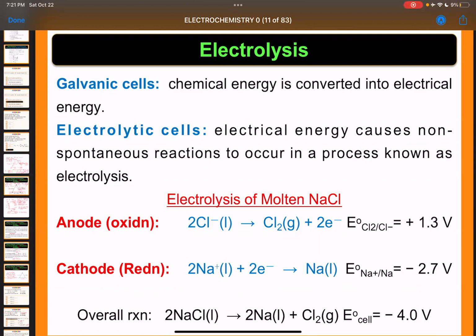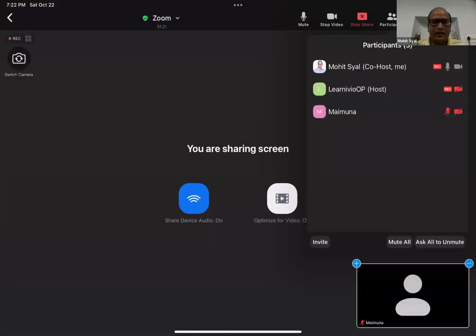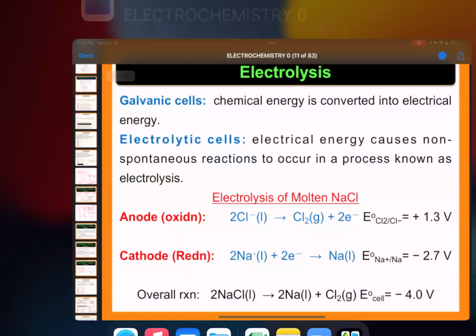And what is electrolysis? Now let's move to electrolysis. What is electrolysis? Tell me. What is the difference between the electrochemical cell and electrolytic cell?